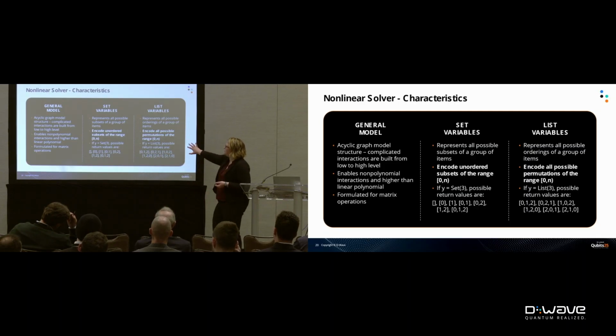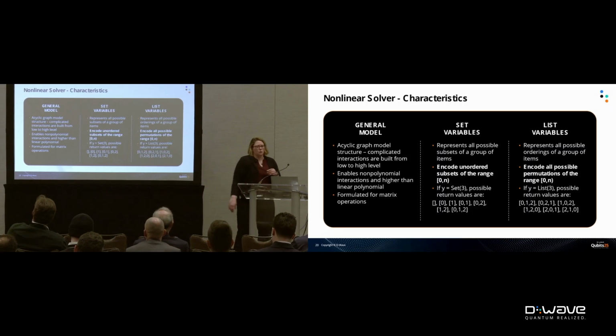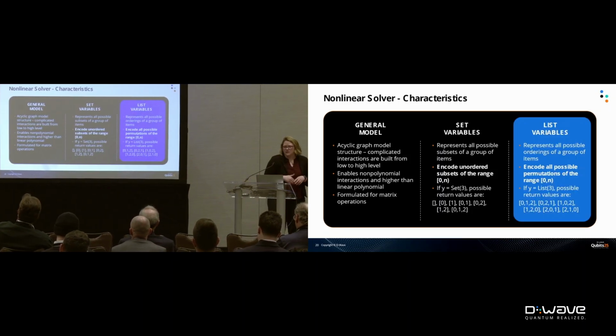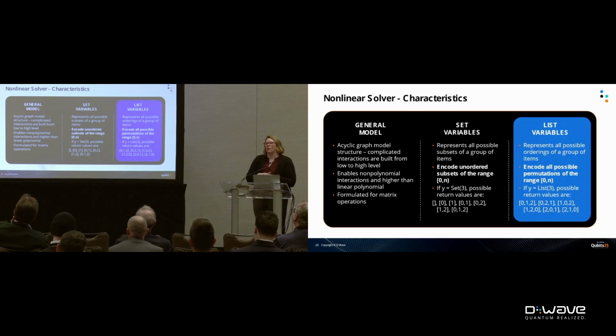Then for list variables, we're looking at all possible permutations on a set range of values. So on the other side, for a list variable, if we set y equals list 3, then we get all possible permutations of those three values, 0, 2, 1. And that is what we're going to use to define how our trucks are going to travel from location to location.